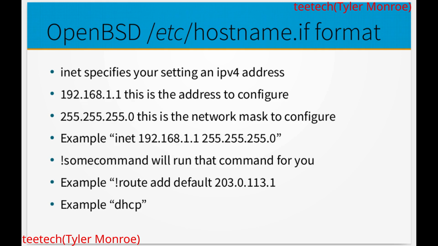Now, another neat trick, if you want to run a command with ifconfig, or any command really, you can prefix that command with an exclamation point and then run a command. So if we have a static internet connection where we assign a static IP address, and most business internet connections are like that, you can use !route add default, and then after that add an IP address.